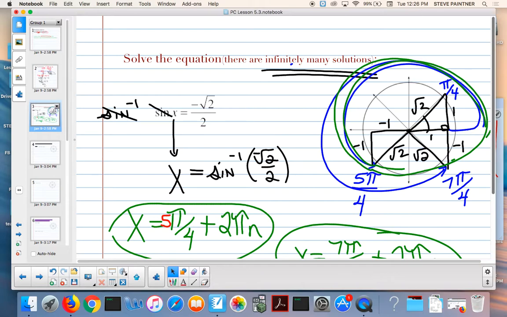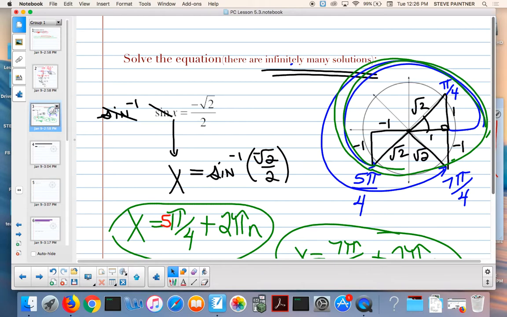If you don't understand why this is happening, look at the sine curve. This is the sine curve you did in chapter 4. Here it goes up, down, and then back up at 2 pi. At 2 pi, we just do another one. At 4 pi, we do another one. But you know how this ratio was negative square root of 2 over 2? Well, look. Here's -1. Here's negative square root of 2 over 2. And if I come across, I hit it right there.